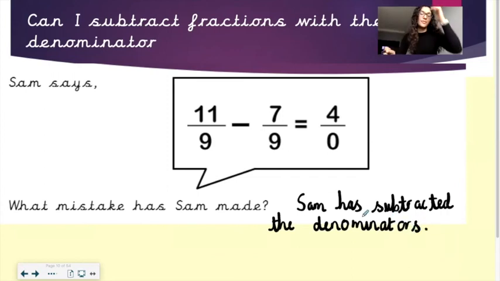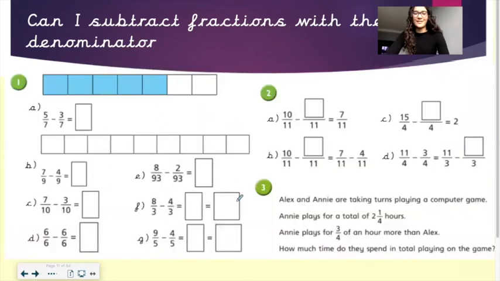He should have left the denominators as they are to then get his answer of 4 out of 9, not 4 out of 0.